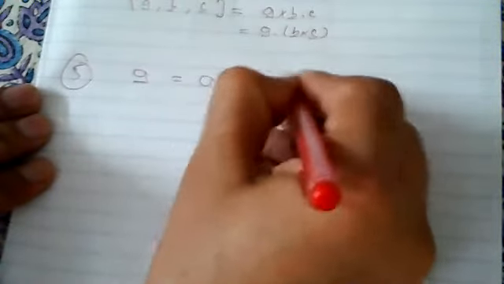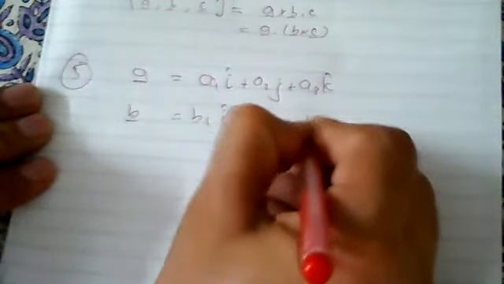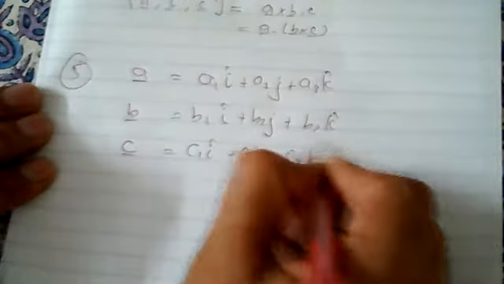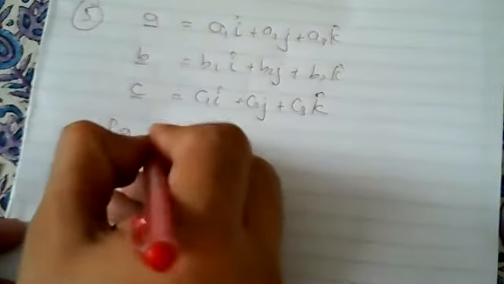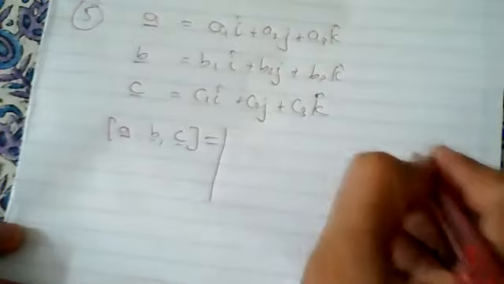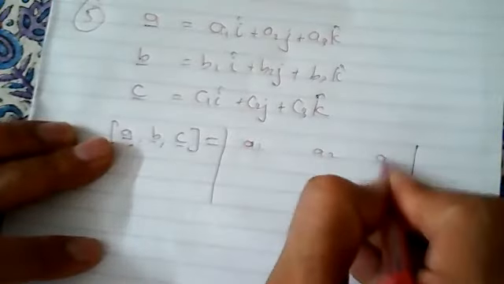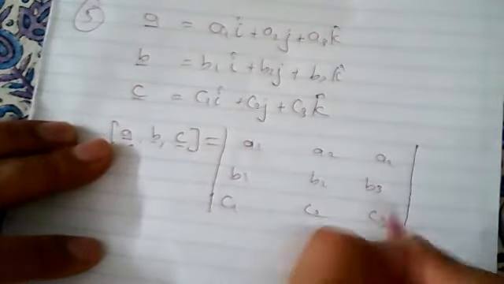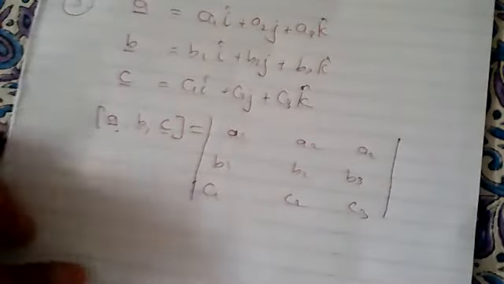Fifth: if the vectors are in component form, A vector is equal to a1i, a2j, a3k, B vector is equal to b1i, b2j, b3k, and C vector is equal to c1i, c2j, c3k, then the scalar triple product [A, B, C] you can write in the form of a determinant. First row is the first vector, second row is the second vector, third row is the third vector: c1, c2, c3. So this is a property of the scalar triple product.